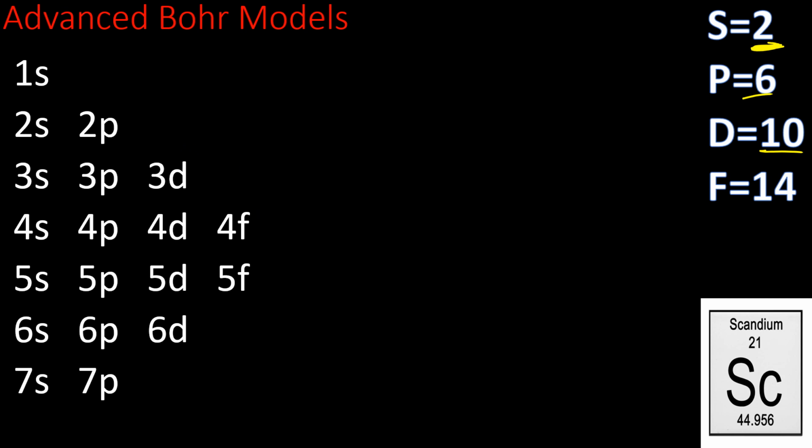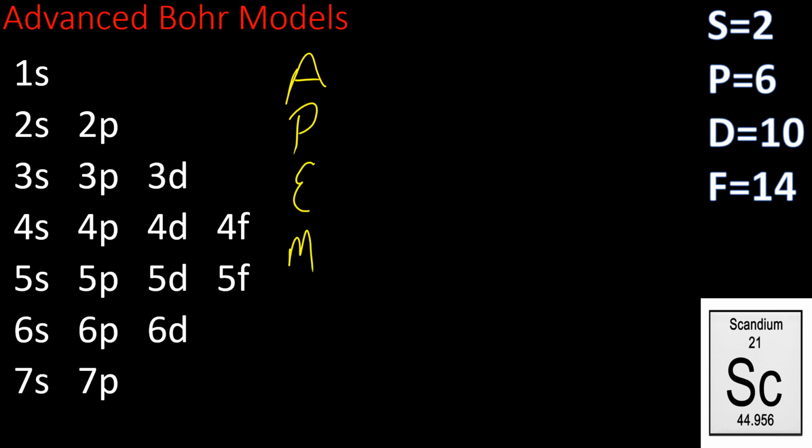I'm still going to use some of the same tricks that I've been using to keep the number of my electrons accounted for. So we're going to do scandium. You can see the periodic tile for scandium right there in the corner. The first step when creating a Bohr model is to do 8-man.